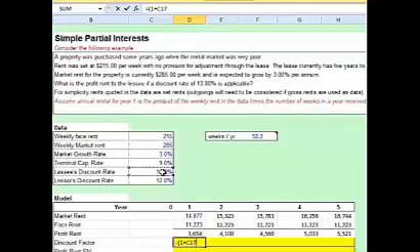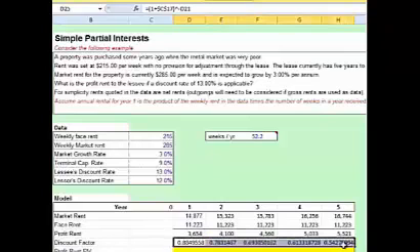I'm going to calculate that as 1 plus the lessee's discount rate, absolute that, close brackets, raised to the minus year power. Notice I use the negative in front of the exponent here because that gives us the reciprocal. That's our discount factor.